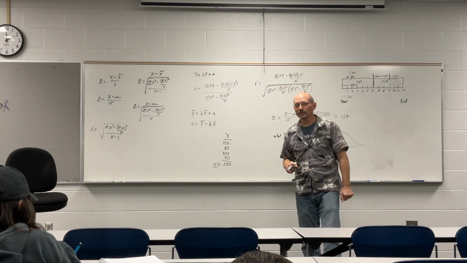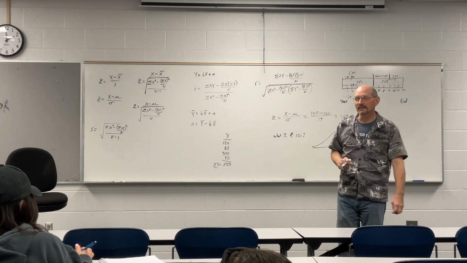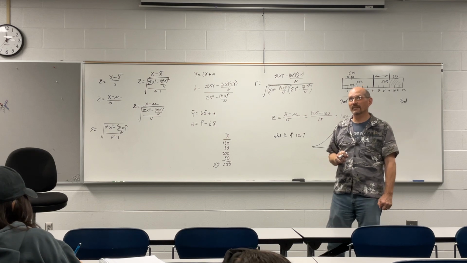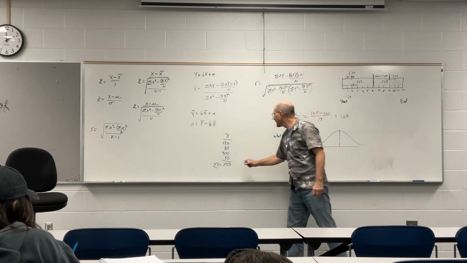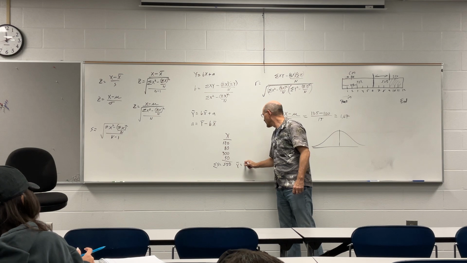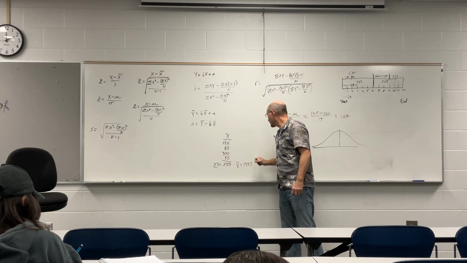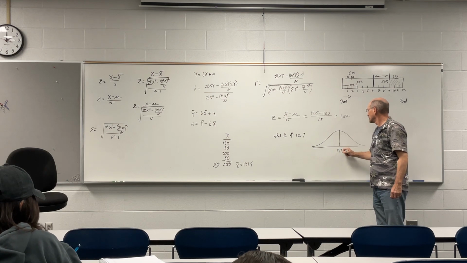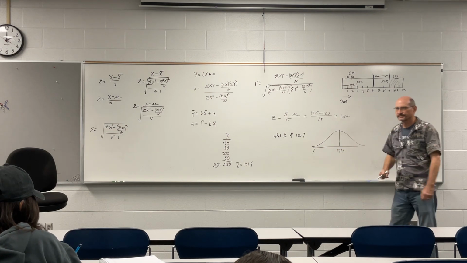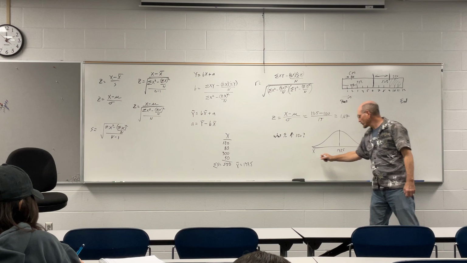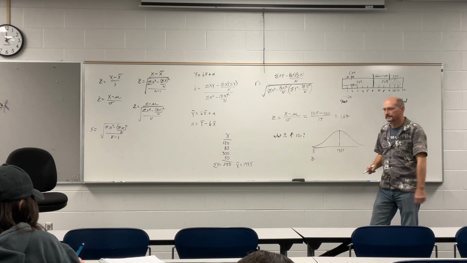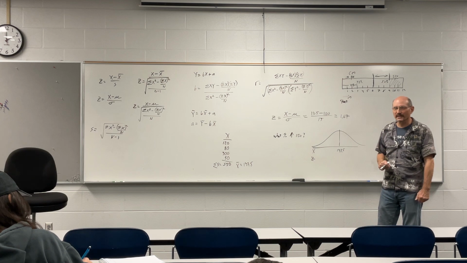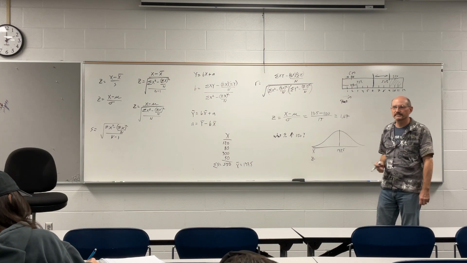Divide 550 by 4, and you get 137.5. That's the mean for your X score, right? What's the Z score associated with that? What's the Z score that corresponds to the mean for any Z distribution? 0.